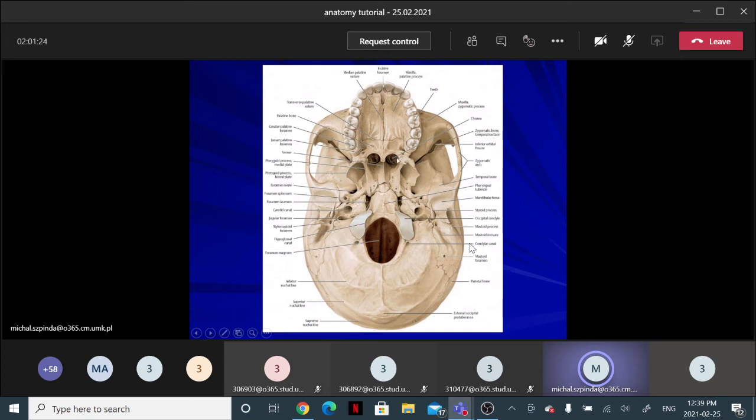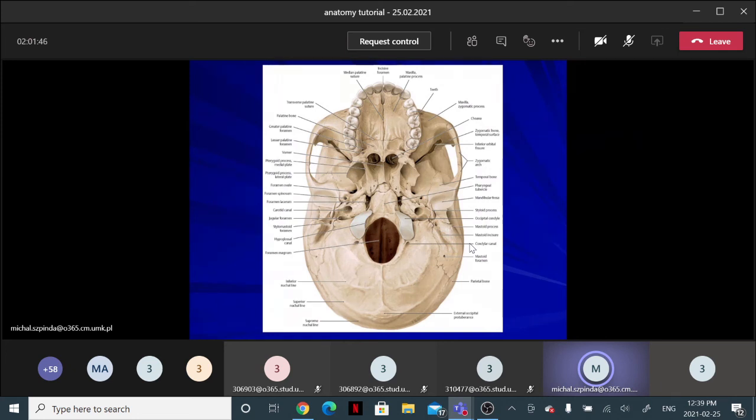This is like posterior nostrils, but we cannot use nostrils. Nostrils refers to anterior openings of the nasal cavity that do not refer to bones. They refer to soft structures.